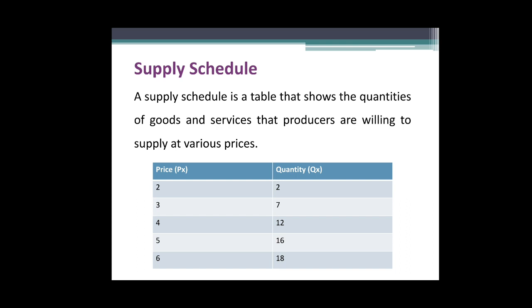When the price of commodity X rises to rupees 3, 7 units of commodity X are supplied, and when the price further goes up to rupees 4, the quantity supplied of commodity X has risen to 12 units and so on. So the table shows that the higher the price, the higher the quantity supplied, and the lower the price, the lower the quantity supplied.